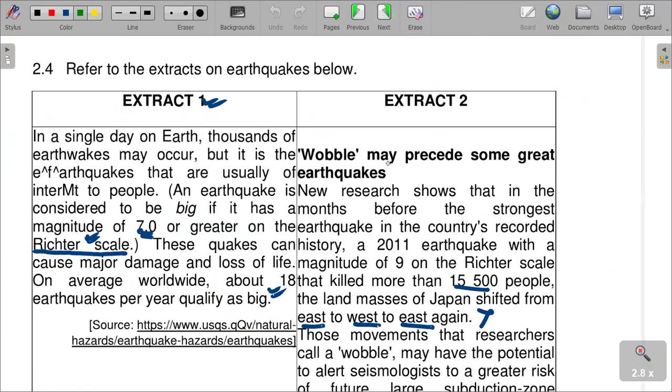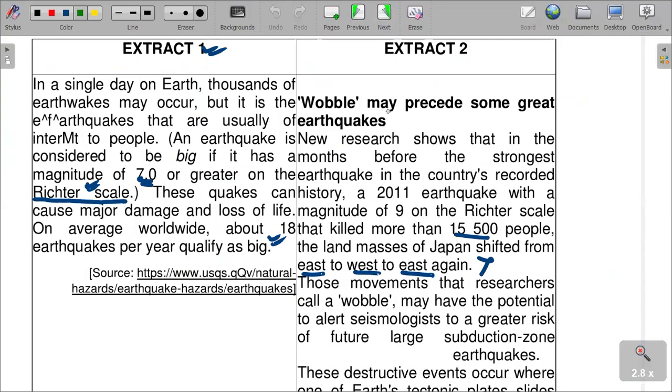And then we have an extract about earthquakes given here, extract number 1 and extract 2. In this case, we need to understand some specific concepts.